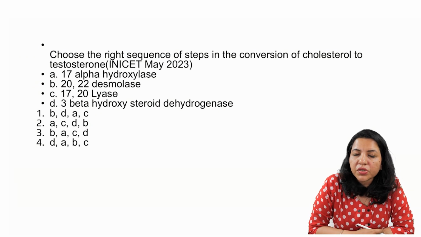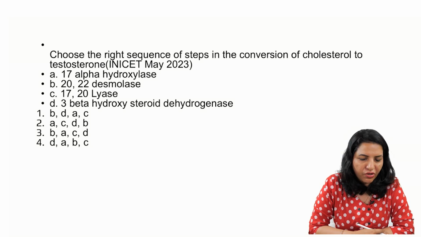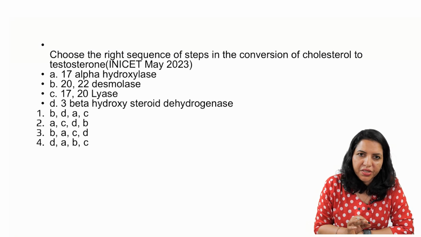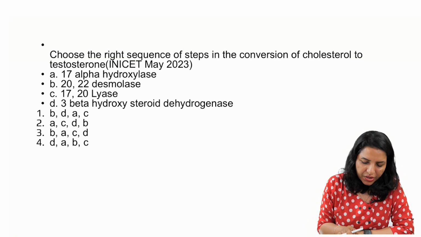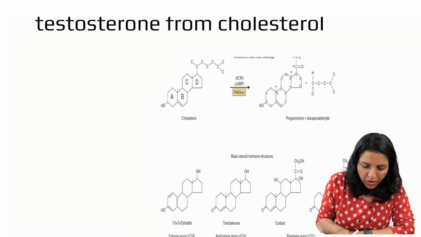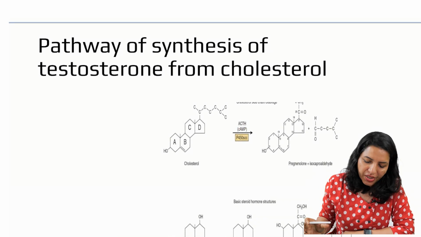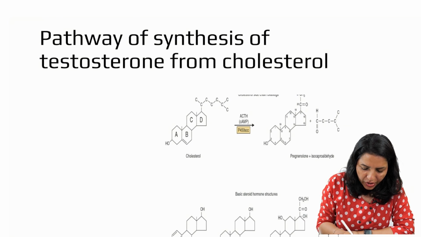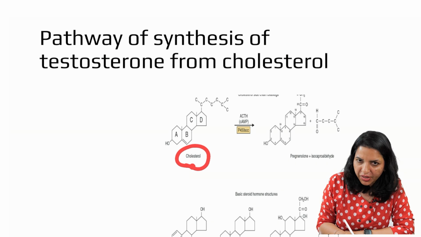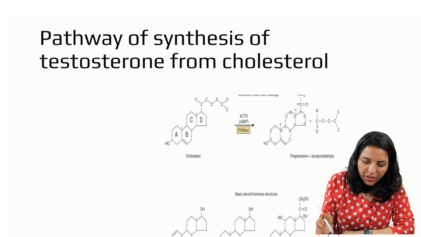So the next question was the question on the synthesis of testosterone from cholesterol. You know this question, but let me explain the synthesis of testosterone from cholesterol. First and foremost, we know that cholesterol is a 27 carbon containing compound. The first reaction that happens is that from this 27, 6 carbons are being removed.